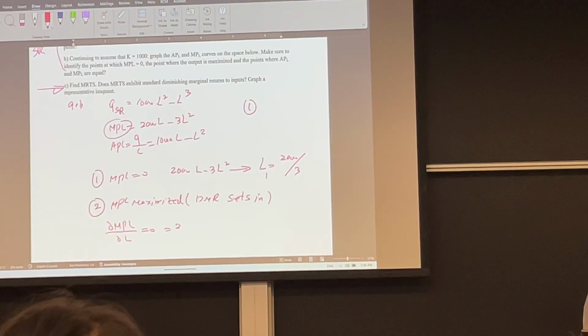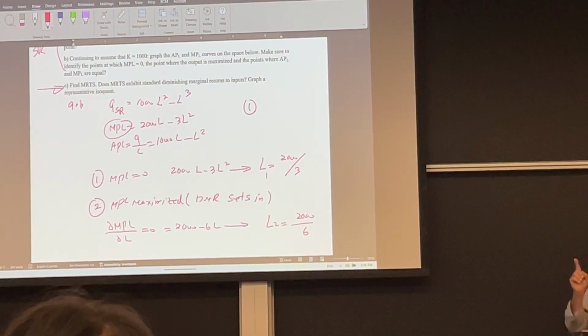That will give us 2000 minus 6L. That will give us the second important point, which is where MPL is maximized. What else? Based on the initial graph we had for the short run, we identified three important points: where production thereafter is inefficient, and where MPL is maximized, when DMR sets in. What else? There's another point.